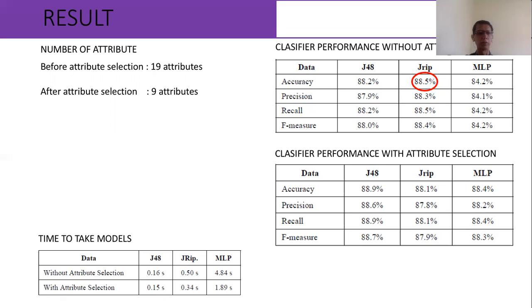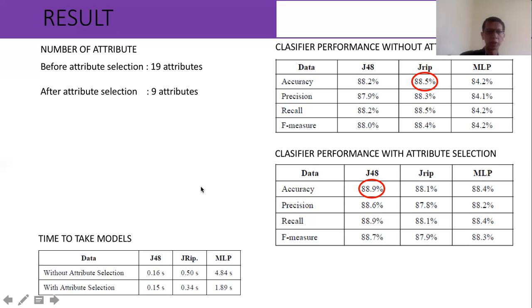After attribute selection, the prediction model performance increased for algorithms C4.5 and MLP, whereas the performance of GRIP is slightly decreased compared to before. And the highest accuracy was generated by C4.5.